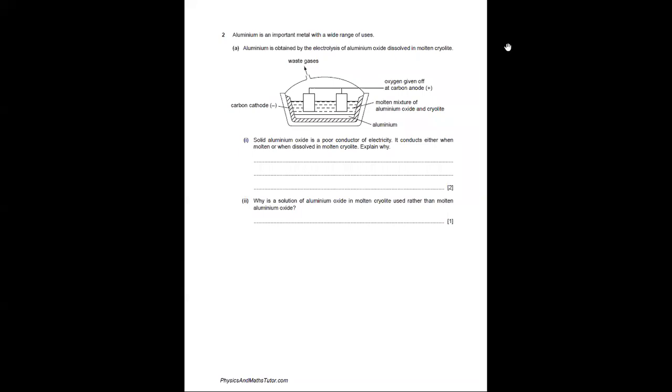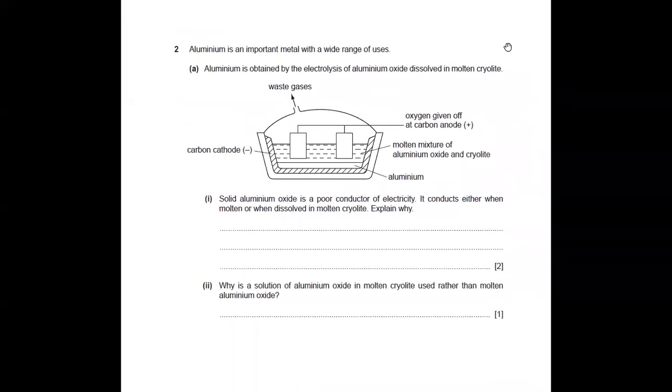So let's go ahead and take a look at this particular question. This is the kind of question you're going to see related to aluminium. Go ahead, give it a read, and let me know the answer to part 1, whatever you think the answer is.